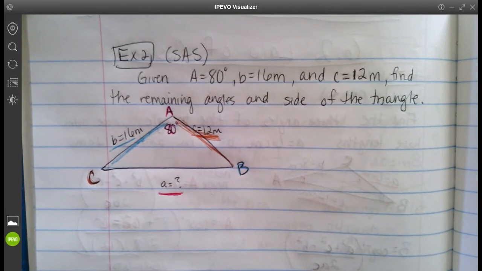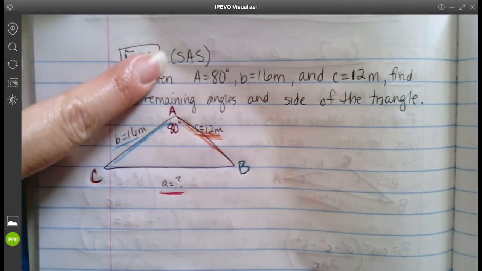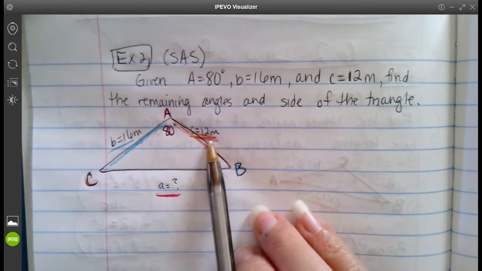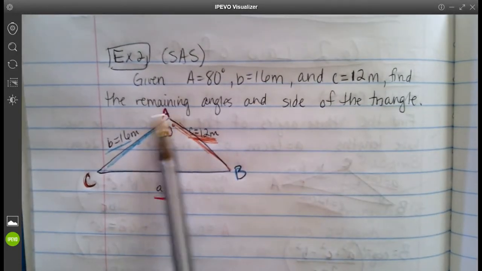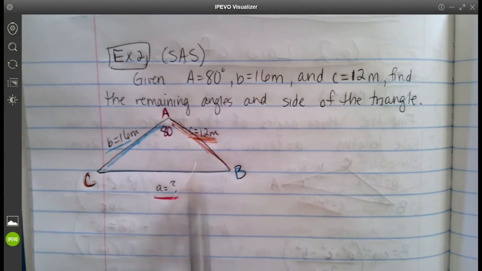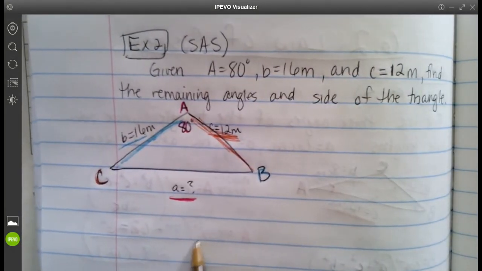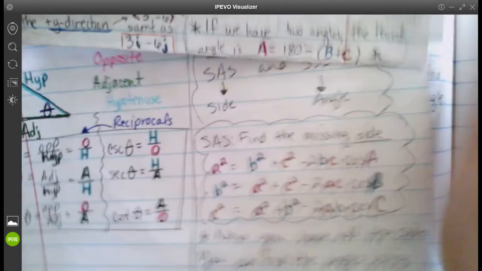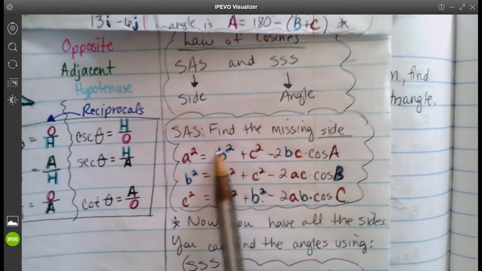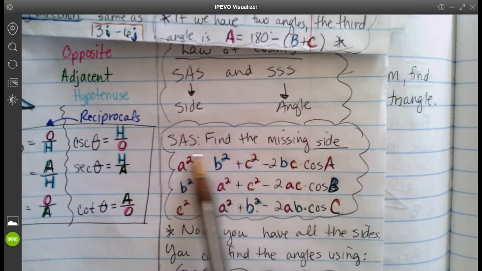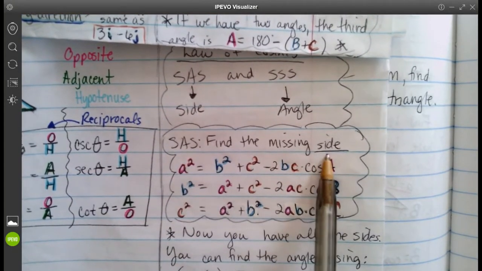Well, this is what we call side angle side. Since we have a side, an angle, and a side, I'm going to try to find something in conjunction with that. So let's look at our formulas for side angle side for the law of cosines. Side angle side, find the missing side. So if you have this format, you're going to look for a side first.